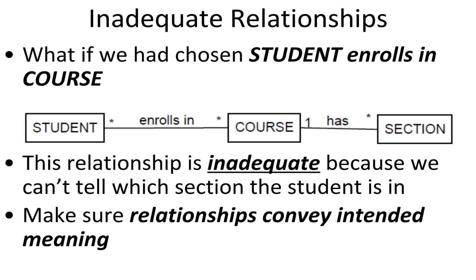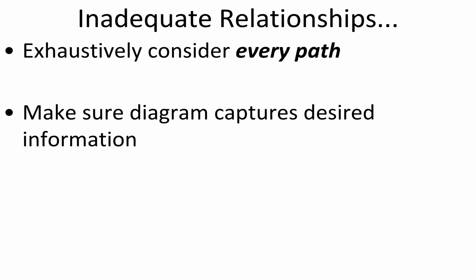Even though the cardinalities are okay, even though the relationships make sense, you're not able to answer. So whether it's inadequate or not is based on the kinds of questions you would like to answer. So you want to exhaustively go through each path, answering the kinds of queries that you want to be able to answer.